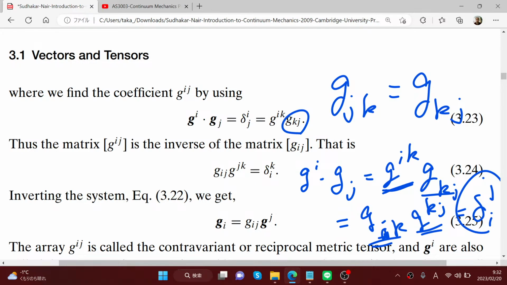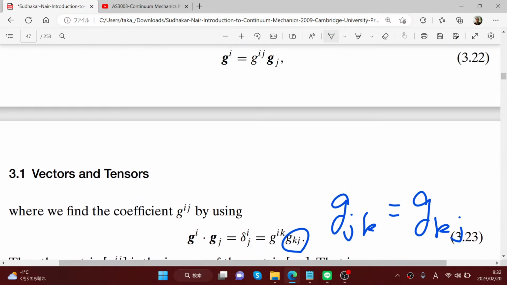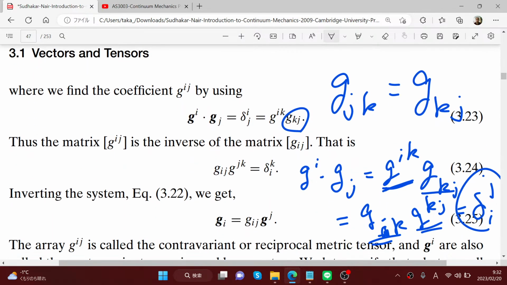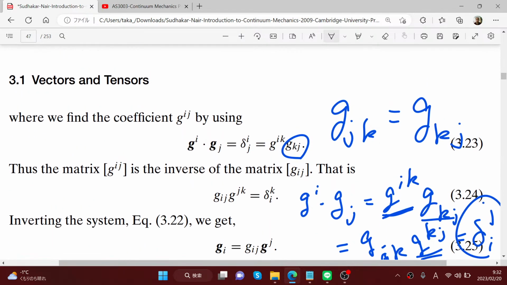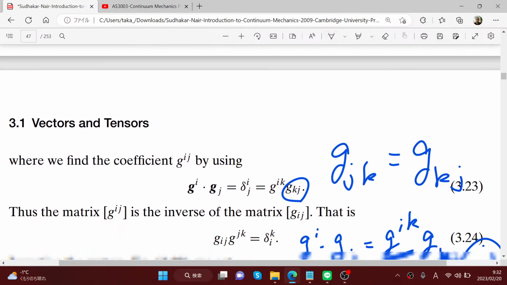Inverting the system, equation 3.22, inverting the system. How do you call this, inverting the system?